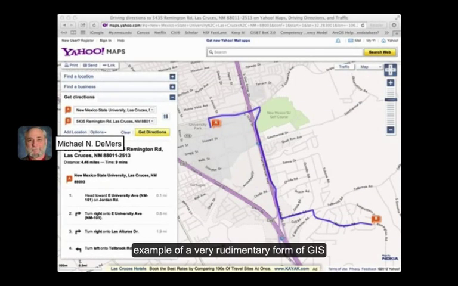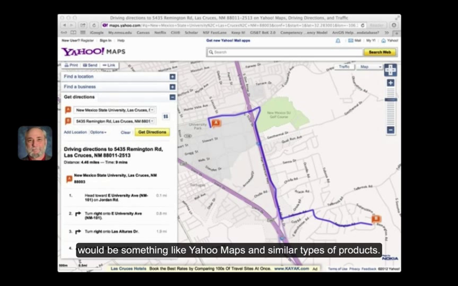One quick example of a very rudimentary form of GIS would be something like Yahoo Maps and similar types of products, where you can go online and give a starting point and an ending point, and the software will use what is known as a shortest path algorithm, and it will direct you from one place to another.